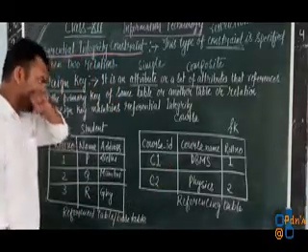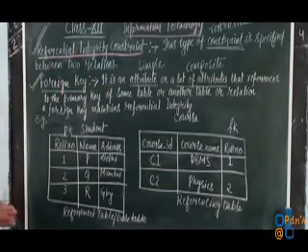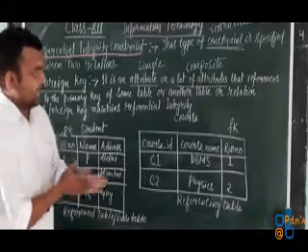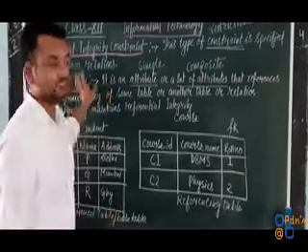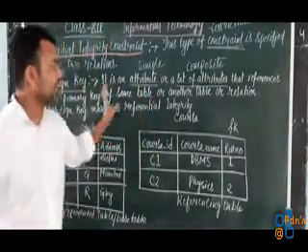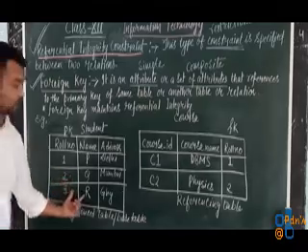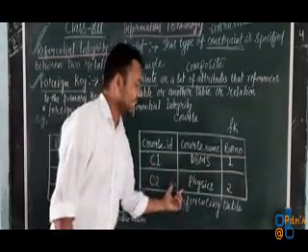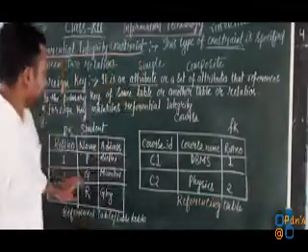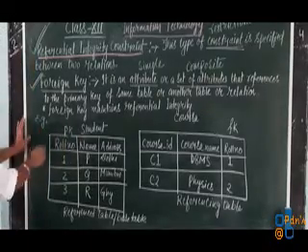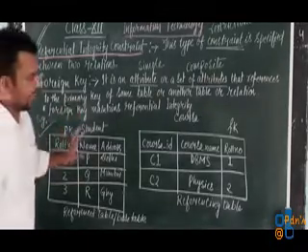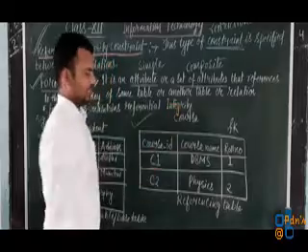Okay? So this kind of key is generally used whenever we would like to join two relations in a database. Here we have taken two examples. The first one is the student table and the second one is the course table.